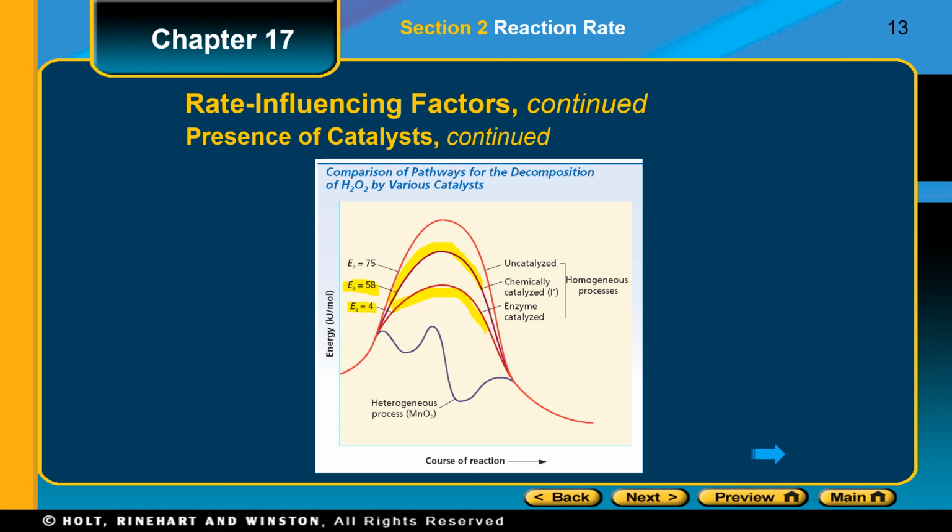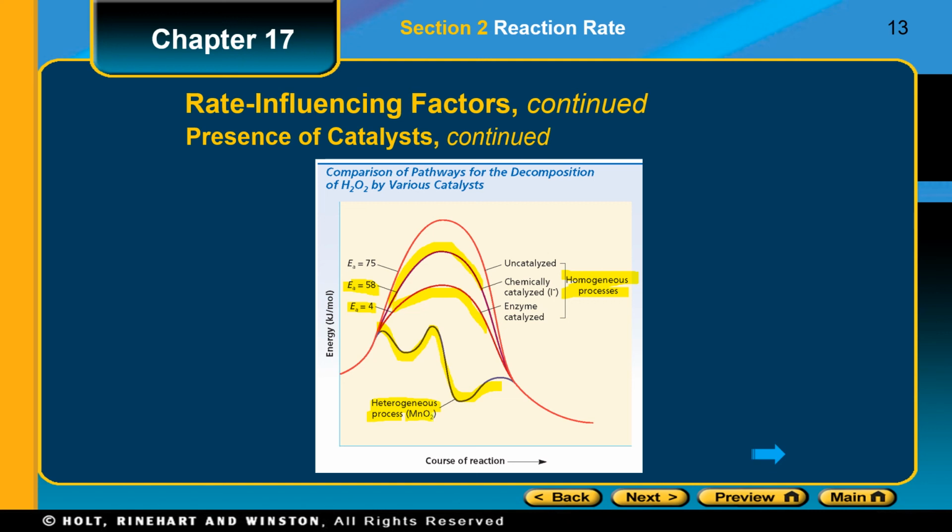But then we have this one at the bottom here that has this kind of corkscrew looking thing, and this is a heterogeneous process. These up here on the side were homogeneous. That means that the catalysts were in the same phase as hydrogen peroxide. It's a liquid, so they are also liquids. Down here, we're putting in a solid.